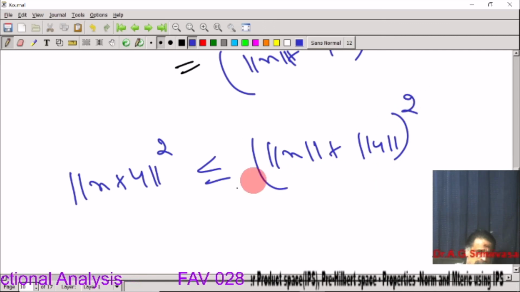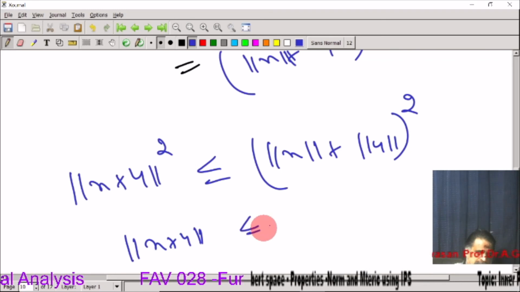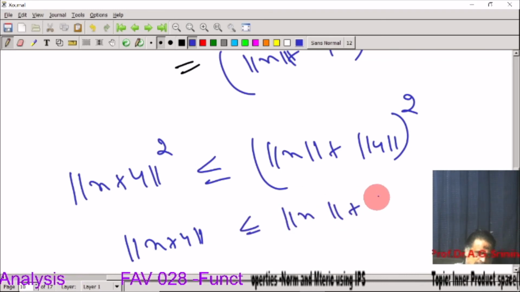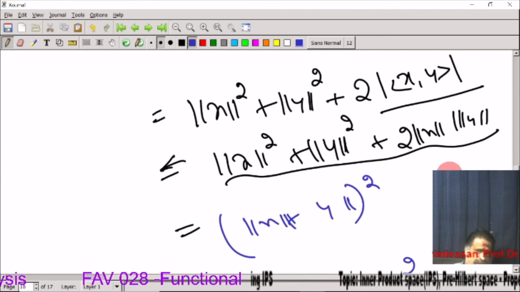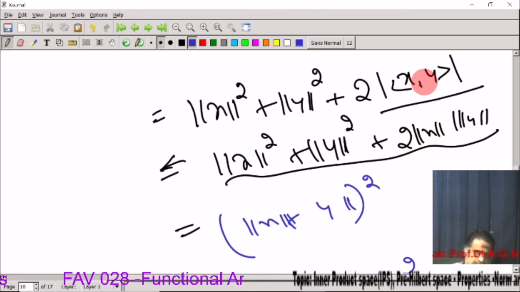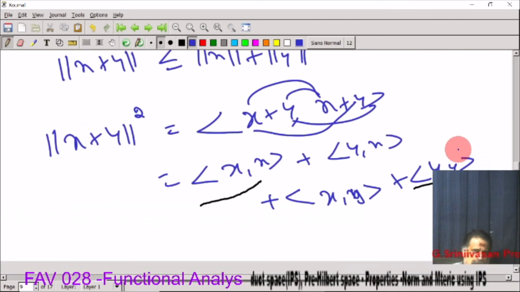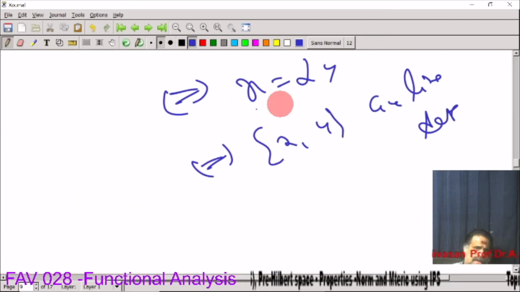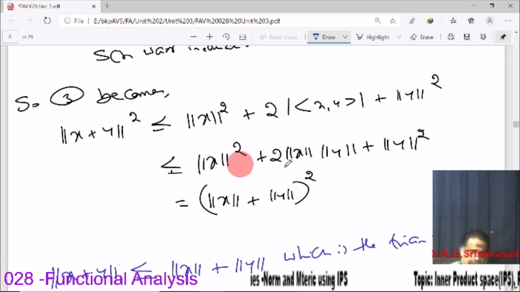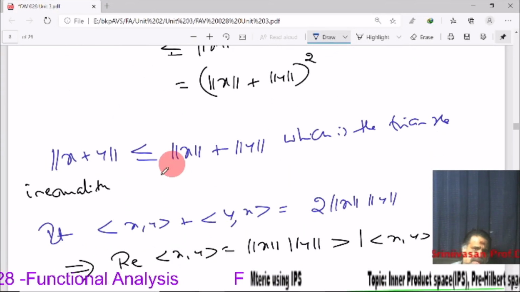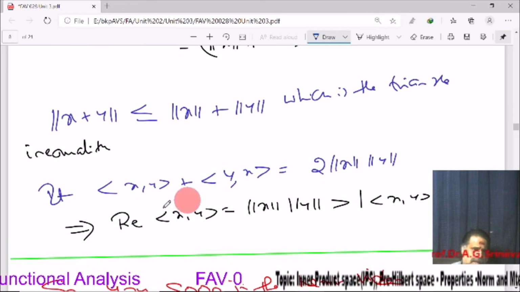So if you take the positive square root, we have norm x plus y is less than or equal to norm x plus norm y, and equality holds only if this is equal to this. That is going to happen only if y is equal to 0 or x and y are linearly dependent, that is x is equal to alpha y. So that's what the proof says. So we are using this and we proved that it is the triangle inequality. It's easy to prove using the same argument.